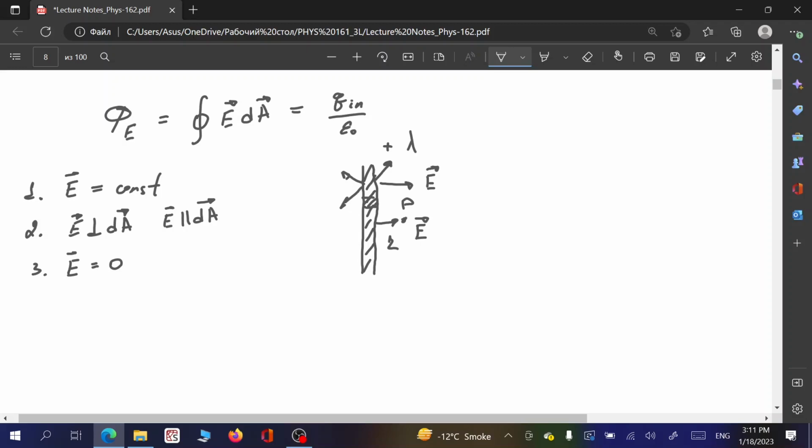And eventually, when we put them all together, we will get the resultant net electric field vector at this point.